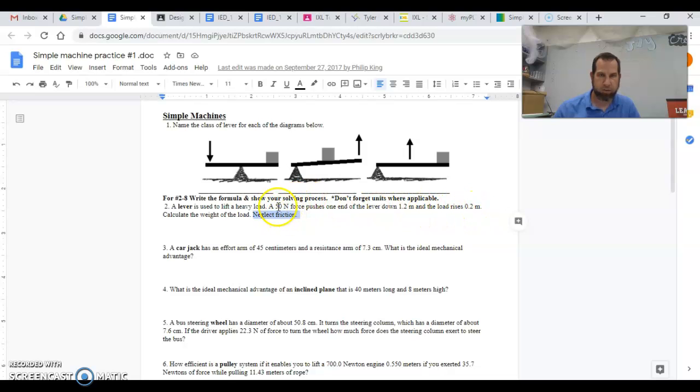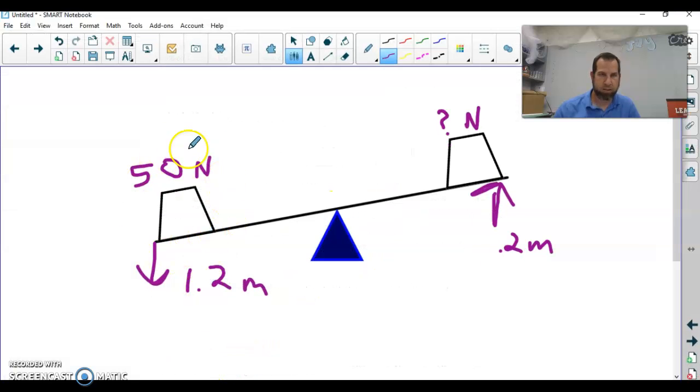This 50 newton force is pushing that lever down. That's our resistance, right? If I want to push this thing back down, that's the effort I have to put in for this resistance over here.